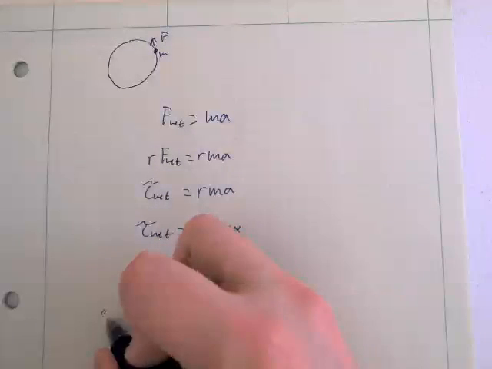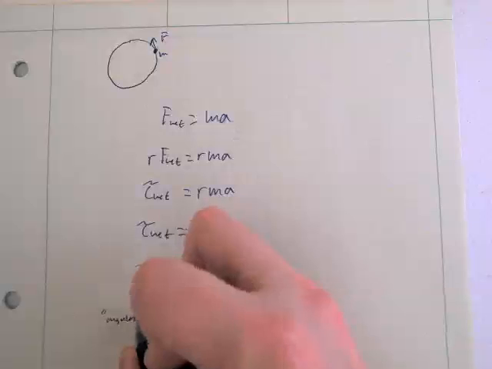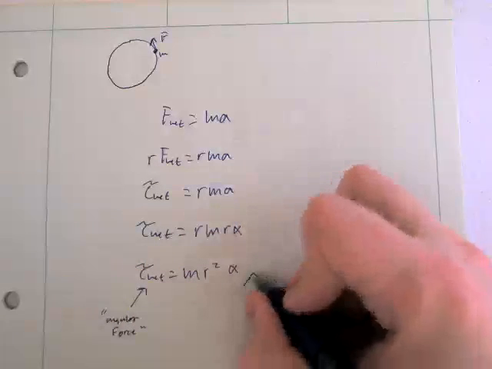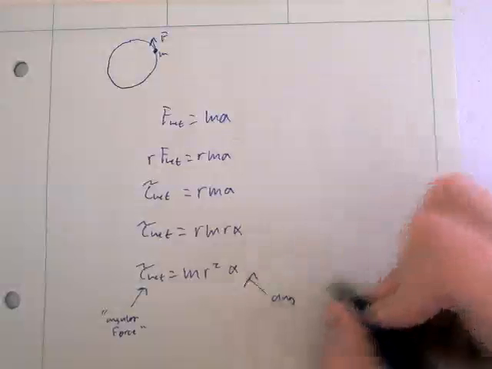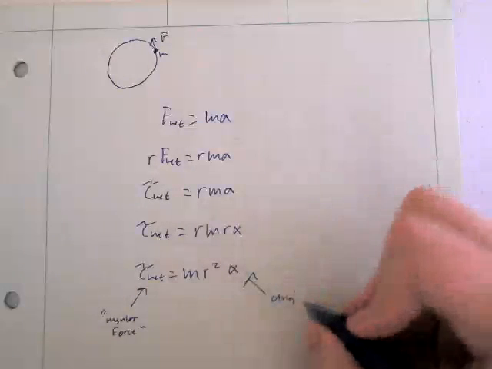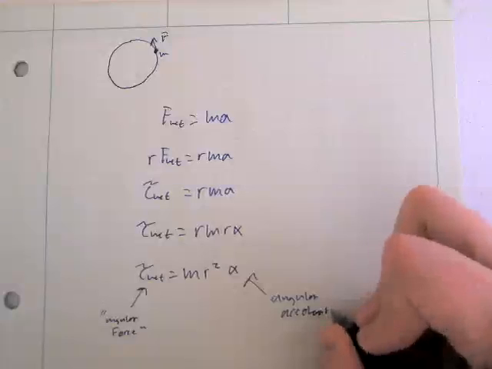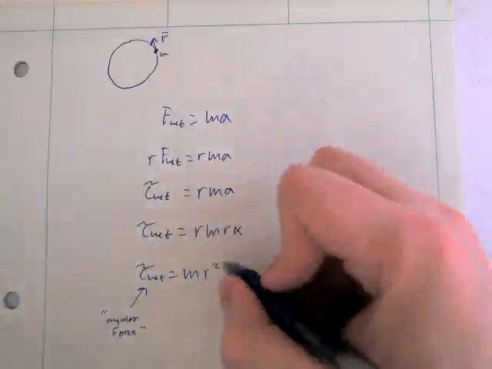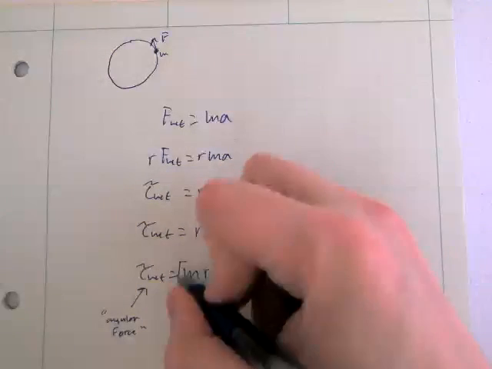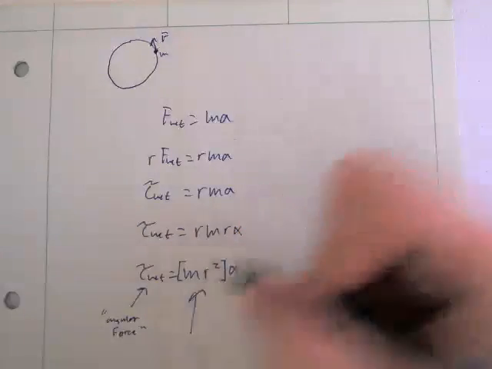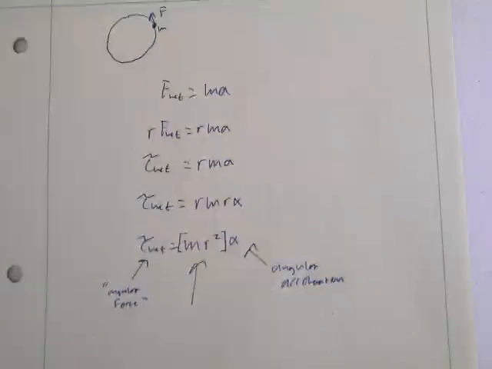So here we can say this is kind of like our angular force. We know that this is actually just the angular acceleration. It's not like it, it just is the angular acceleration. So what does that leave? What is this quantity? It's actually a very important thing to understand.